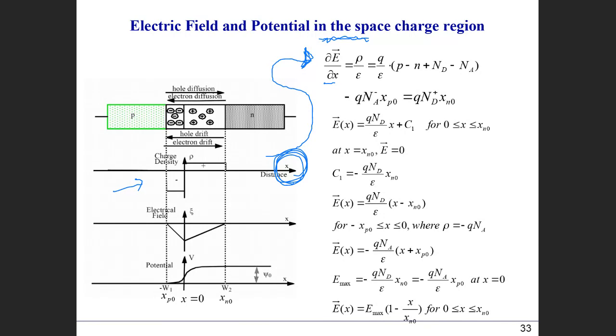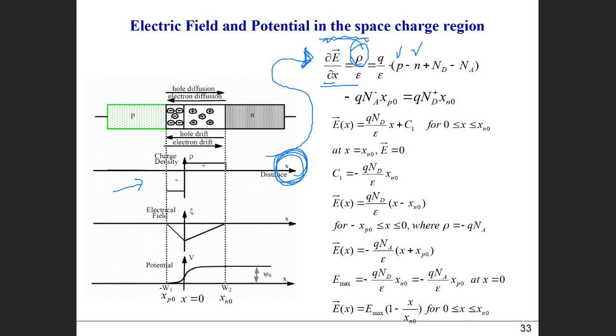So if we look at this one, it is now the total number of charge within the semiconductor. In the last class, I explained that the total possible charge in the semiconductor is either a positive hole or a negative electron.